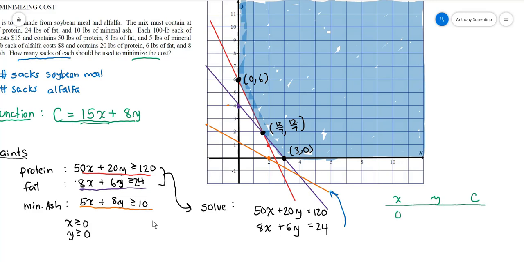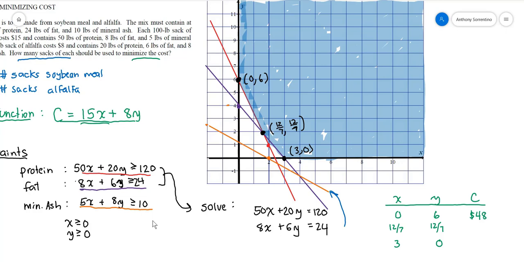So I can either have none of those, 6 of those, 12 sevenths of those and 12 sevenths of those, or 3 of those and none of those. And I put each one of these into that cost function. So 15 times 0 plus 8 times 6 is going to give me a cost of $48.